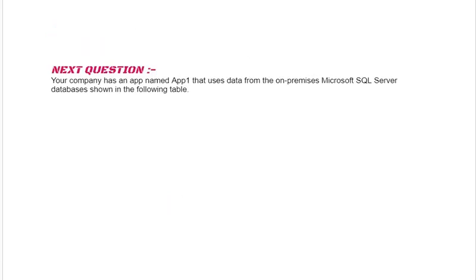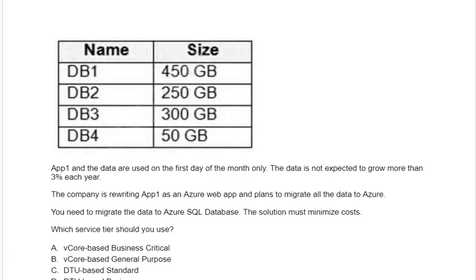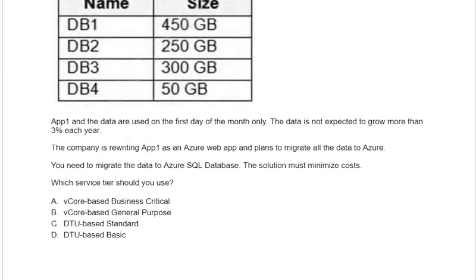Next question is, your company has an app named App1 that uses data from the on-premises Microsoft SQL Server databases shown in the following table. App1 and the data are used on the first day of the month only.